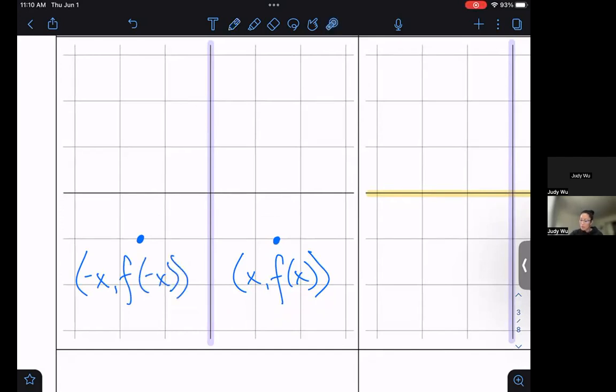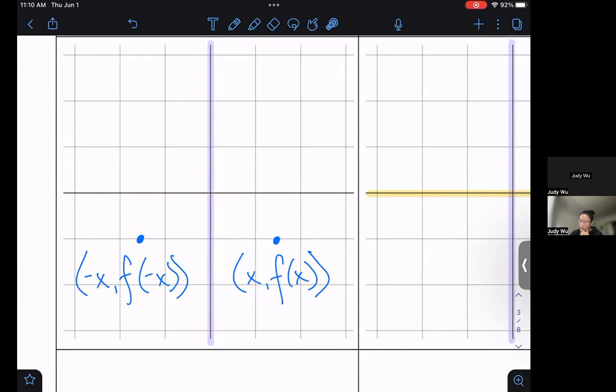Now, I know that this one is x, so if it's on the other side of the y-axis, it's just going to be negative x, right? If I were to count the boxes, this is almost like positive 1.5, and then in the other direction, it would be negative 1.5. So that's what I mean by x and negative x.